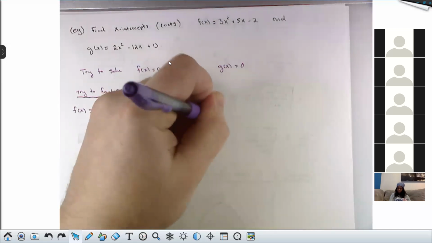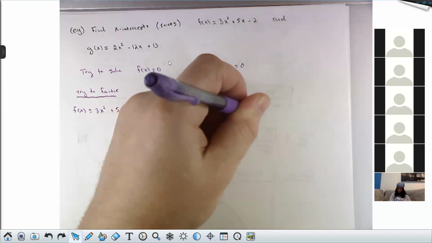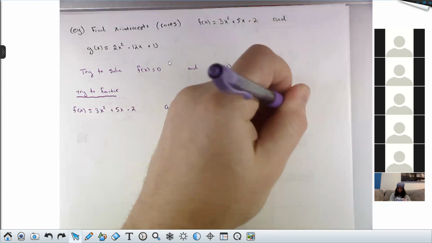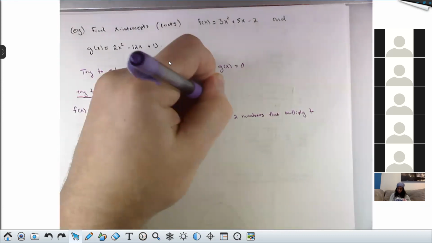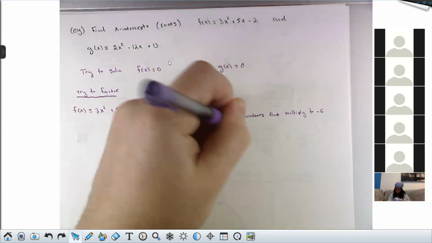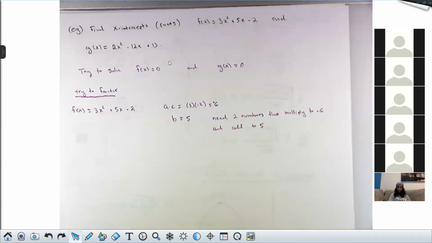So I need two numbers that multiply to negative 6 and add to positive 5. Can we find two numbers such that when I multiply them, I get negative 6, and when I add them, I get 5?